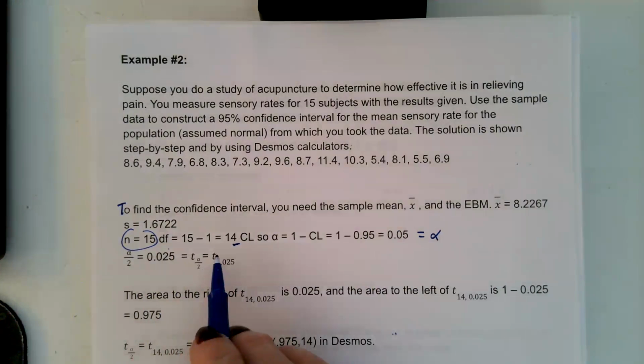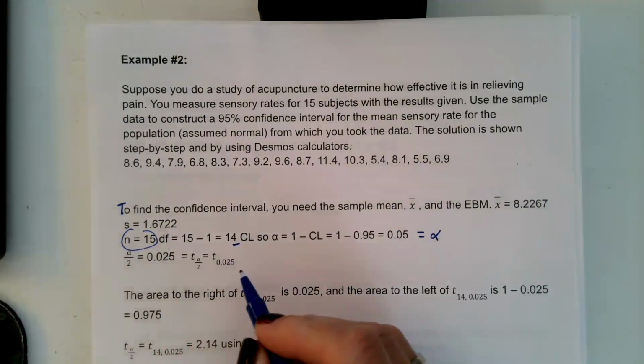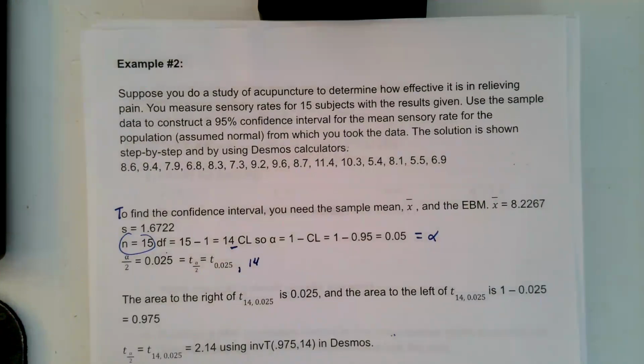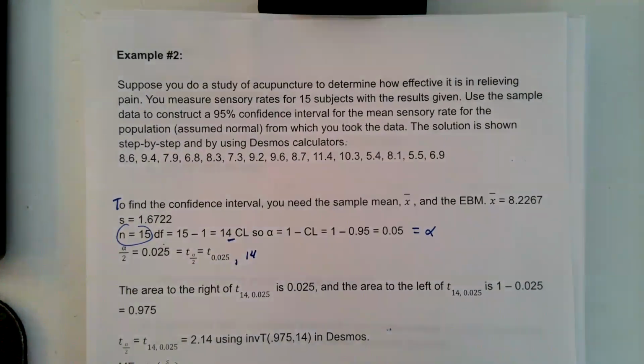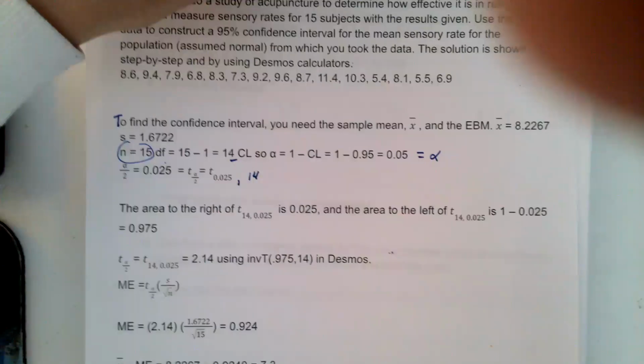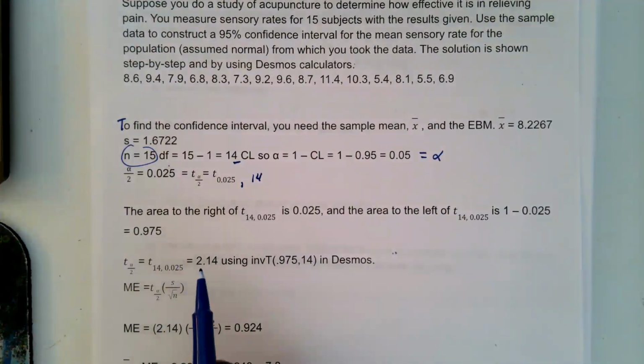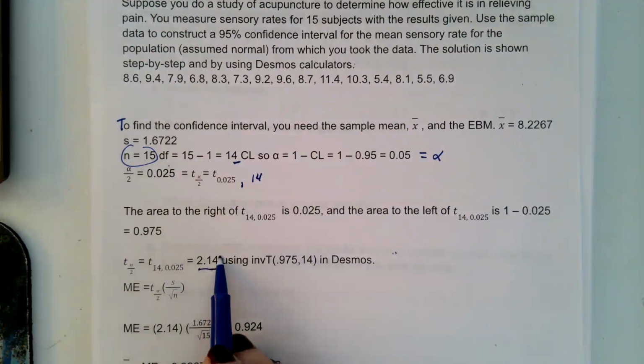And so I'm looking at a critical value of 0.025, comma 14. So when I do that in Desmos, we get right here, this is my critical value of 2.14.